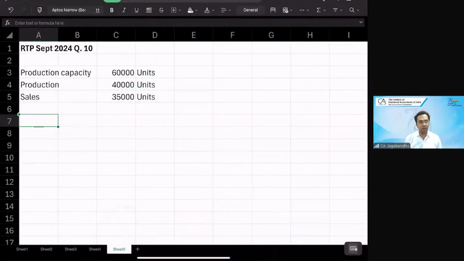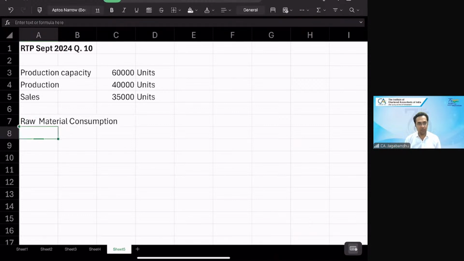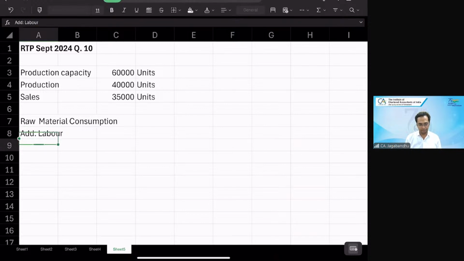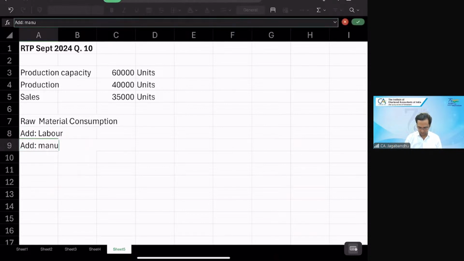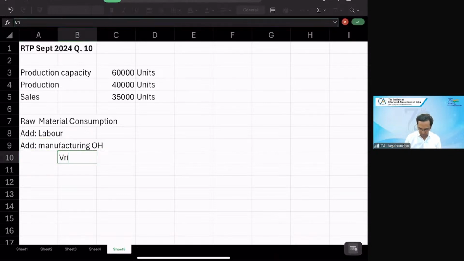So first we will have the raw material consumption, right? So raw material consumption, you will add to it labor, and add to it manufacturing overheads, right? In manufacturing overheads, you will have both components.